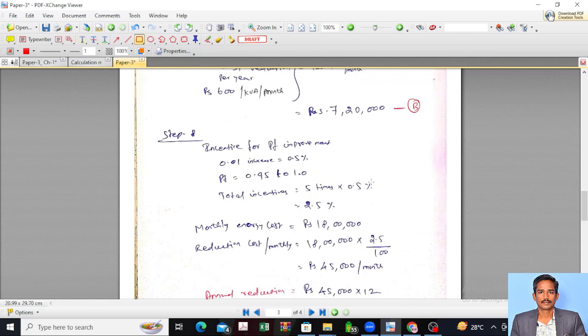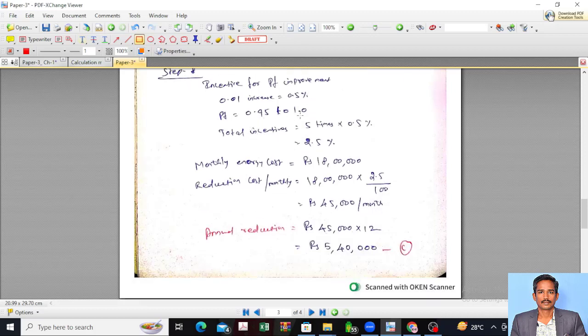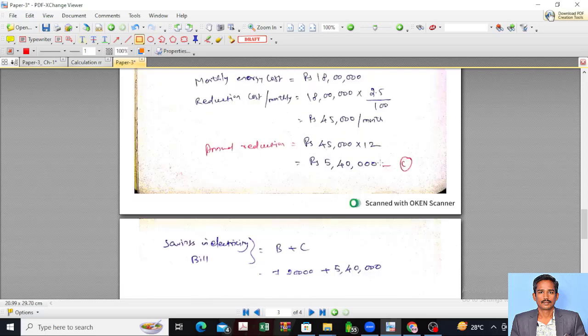Now another cost reduction is from power factor improvement. They give incentives on the monthly bill. The monthly bill we are already paying is 18 lakhs. Then we improve from 0.95 to 1, a total of 2.5%. The monthly bill is 18 lakhs into 2.5 divided by 100, which is 45,000 per month cost reduction.